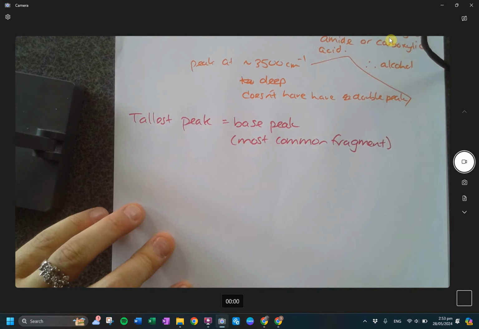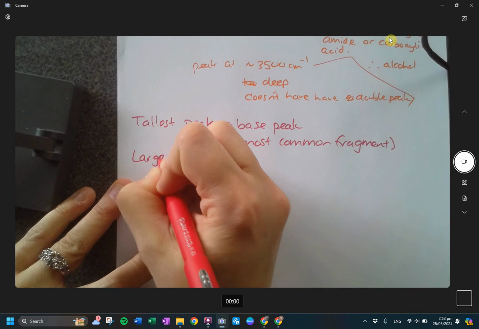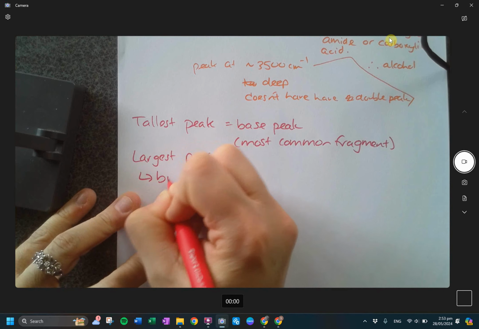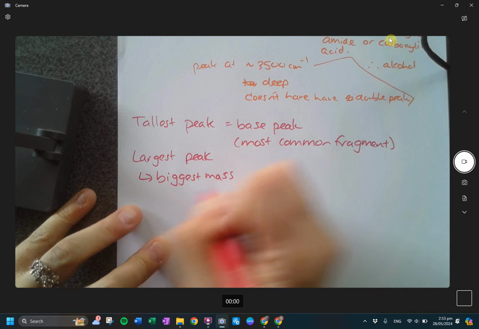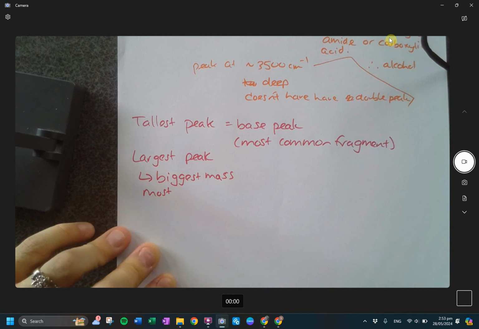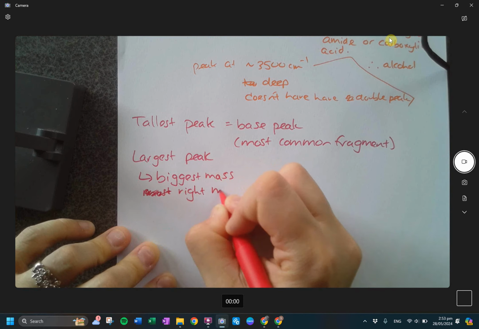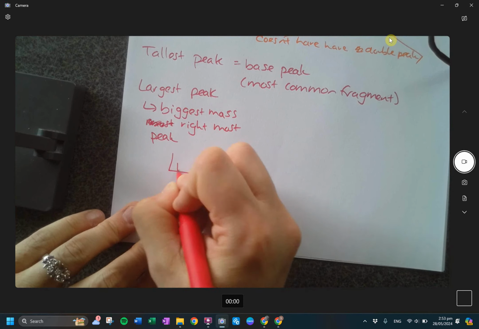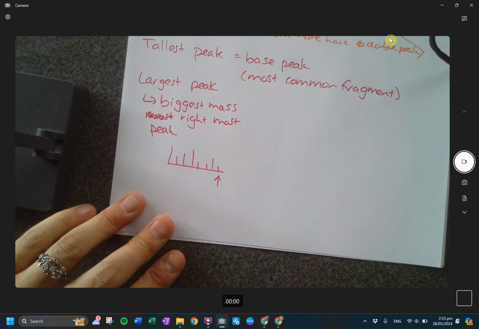And when I say largest peak, I mean the biggest mass, or the rightmost peak. So when you're looking at the data, this would be the rightmost peak because it's to the right.